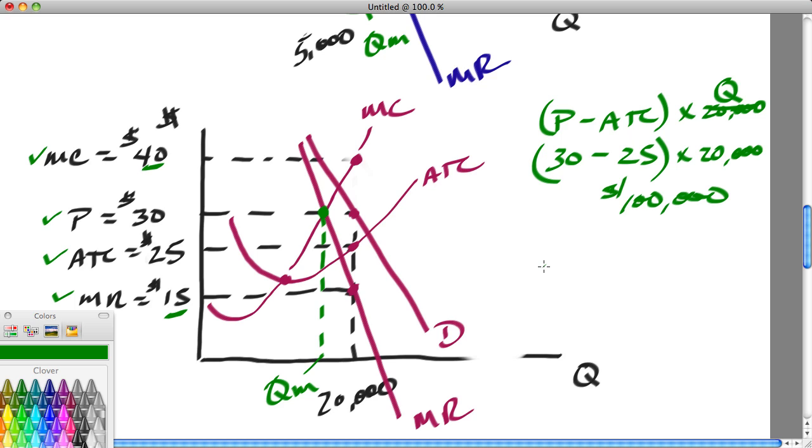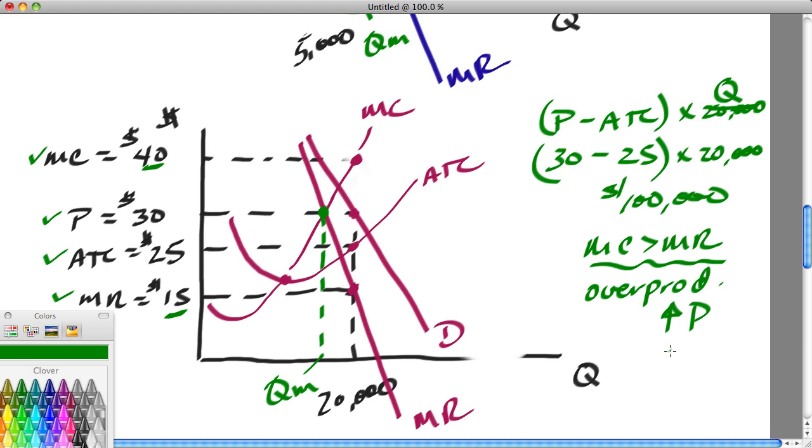Is it maximizing total profits? Can't be. Why? We know because we can look at the last unit and see that we've made a unit that cost us more than it benefits us. MC is greater than MR. We've produced a unit that cost us more than it benefits us. We are overproducing. We need to raise our price to reduce our output rate.